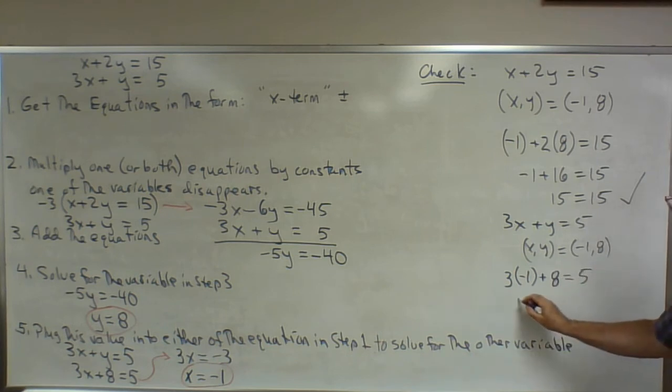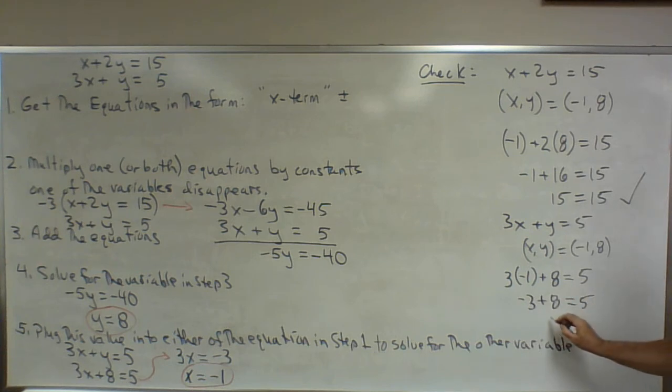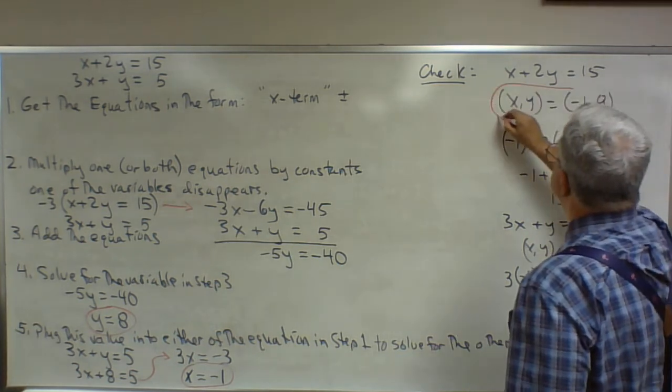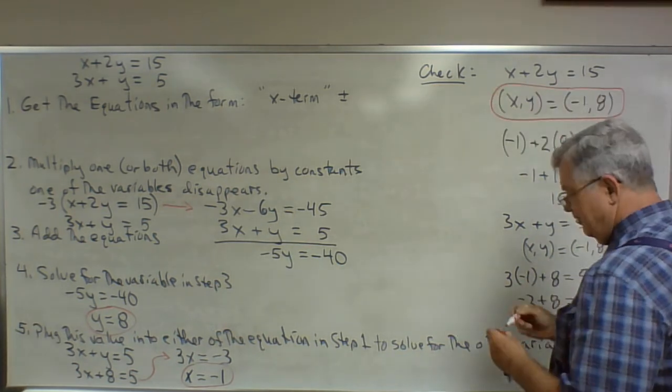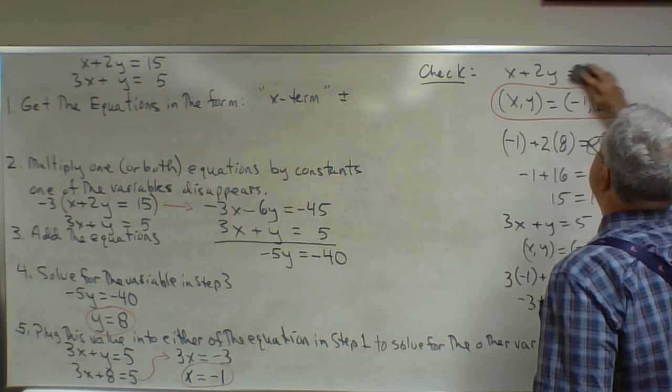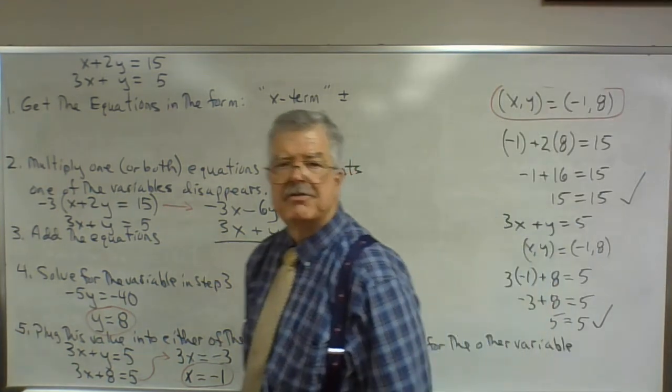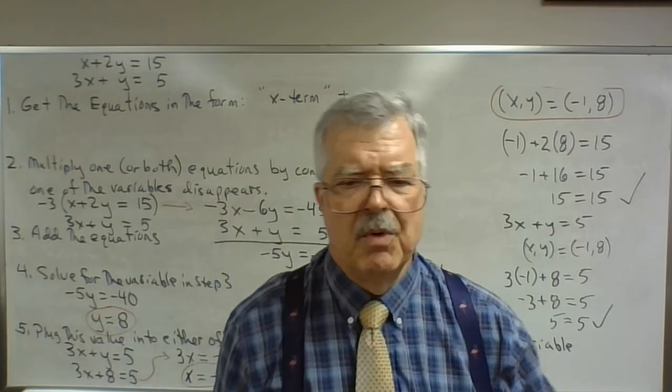So that gives us negative 3 plus 8 equals 5, or 5 equals 5. Bingo, it works. Okay, now I admit that this is our solution. I've checked and I've confirmed that it actually does work in both equations. Let's do one more.